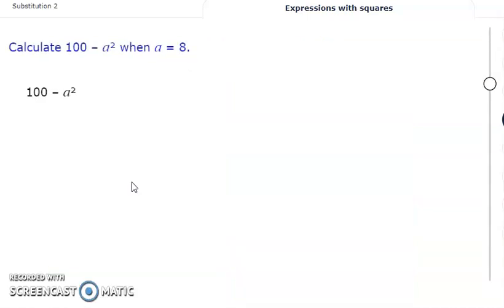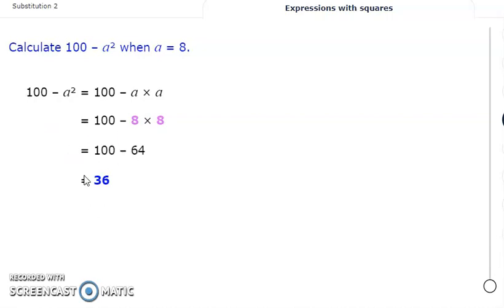So let us click this and check. 100 minus a square is 100 minus a times a. 100 minus 8 times 8. Similarly, 100 minus 64. 8 times 8 is 64, so 100 minus 64 is equal to 36.